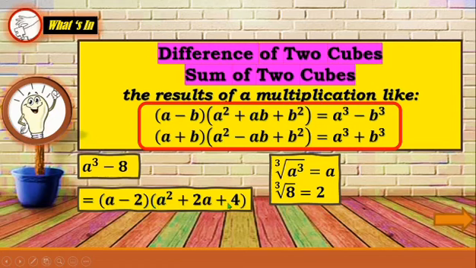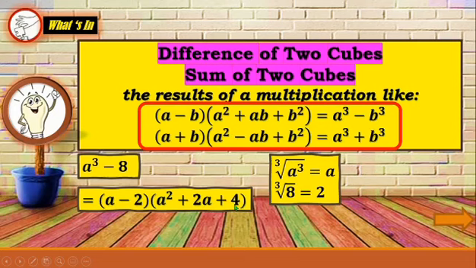Now let's work on our trinomial. Here we square the first term of our binomial. So look at my mouse. A squared is a squared. Then we multiply the first and the second term. That's 2a. And then we square our last term. 2 squared is 4.